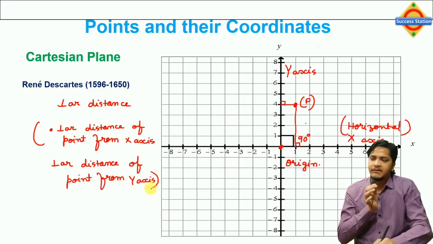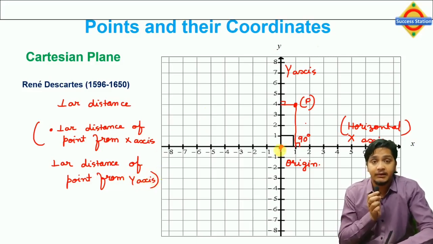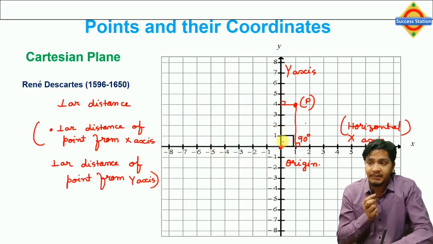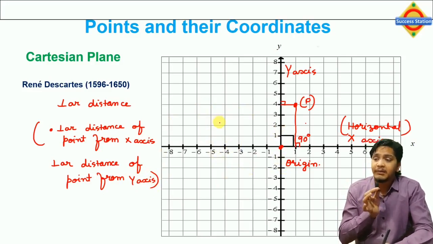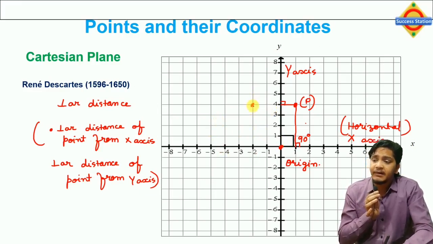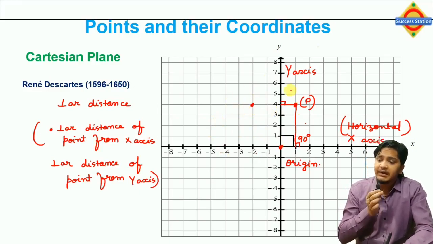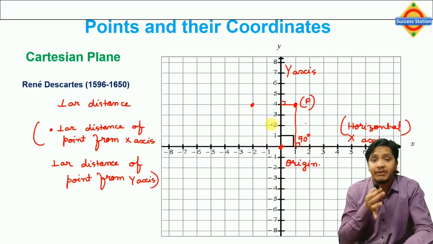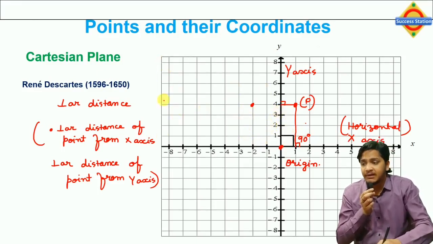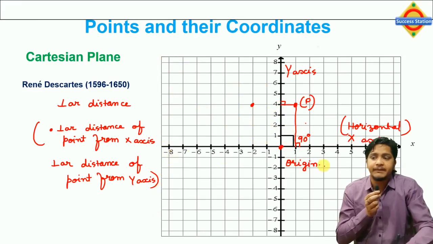Clear? Right? So in this plane, the blackboard is a plane, the copy is a plane. Plane is such that you can see the two lines meet, and you can go in two directions. Plane is two-dimensional. You can go either in this way or this way.